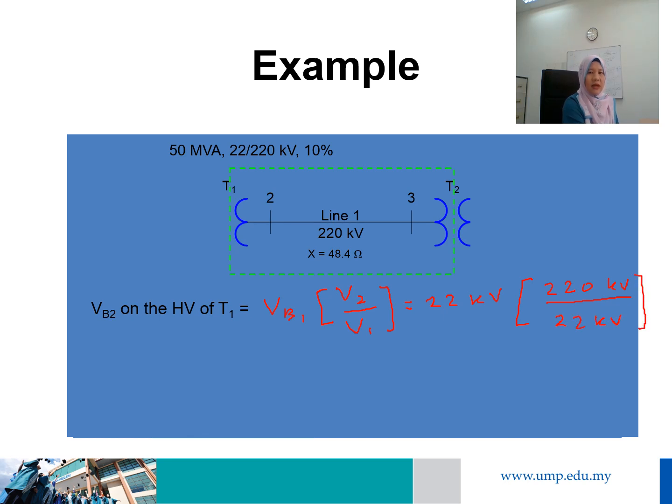Thus, we get V base 2 equal to 220 kV. We can also calculate V base 2 on the high voltage side of T2, and we will find a similar answer, which is 220 kV.